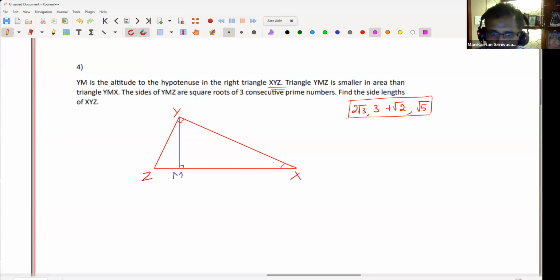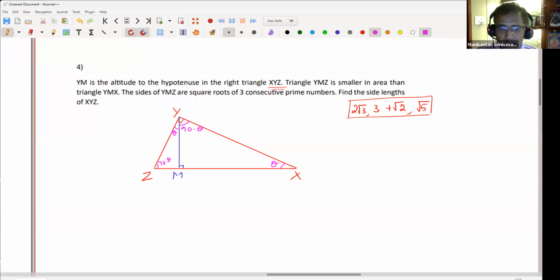For example, if this is theta, this is 90 minus theta, therefore this is theta, and therefore this is 90 minus theta. So each triangle has theta, 90 minus theta, and 90. Therefore, all the 3 triangles are similar. So I'm going to call the triangles small, medium, and large. The large being the XYZ, the small being the YMZ, which is the smallest one. It's given, right? YMZ is smaller in area than YMX. Okay, diagram is clear now.